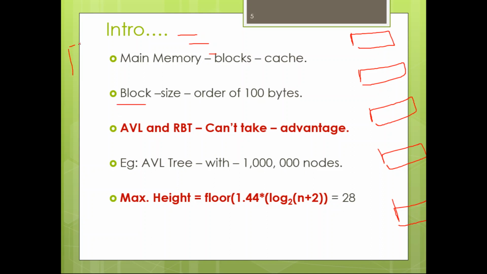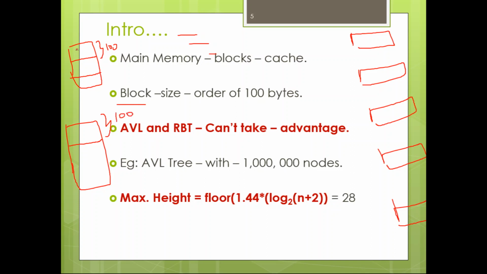I told you the main memory is divided into blocks, but the cache memory also will be divided into blocks of the same size. If the block size of the main memory is 100 bytes, then the block size of the cache memory also will be 100 bytes. Cache memory also will be divided into blocks, right?